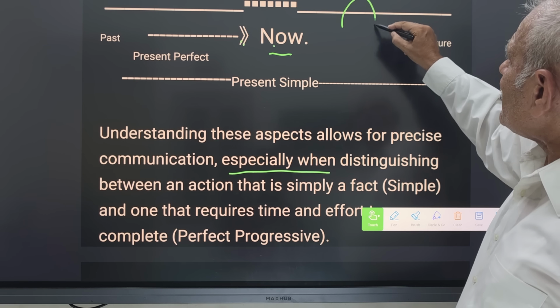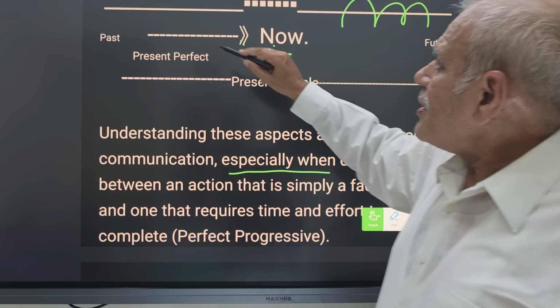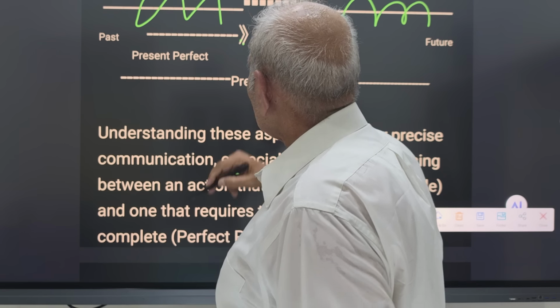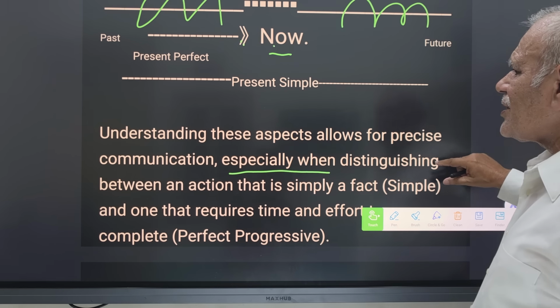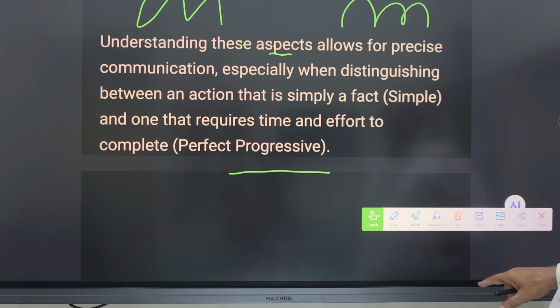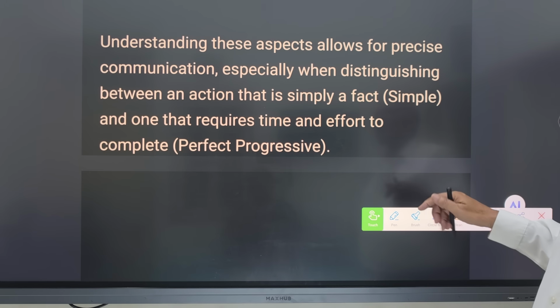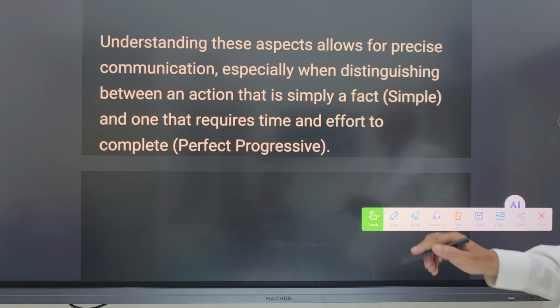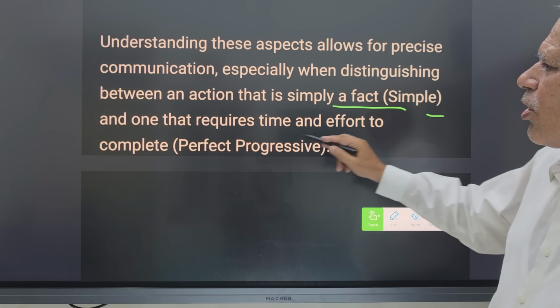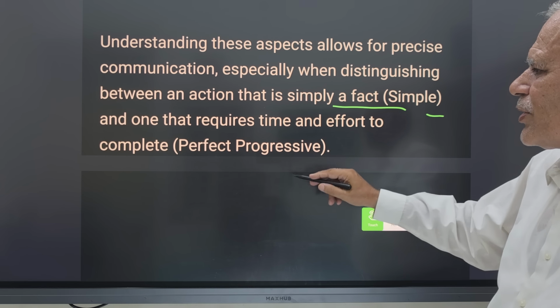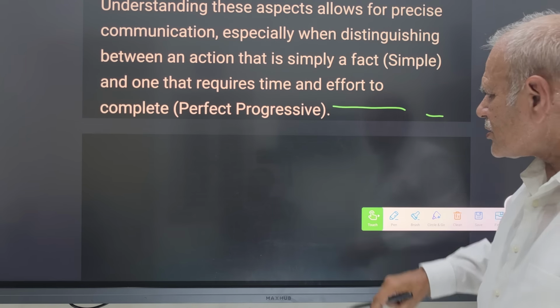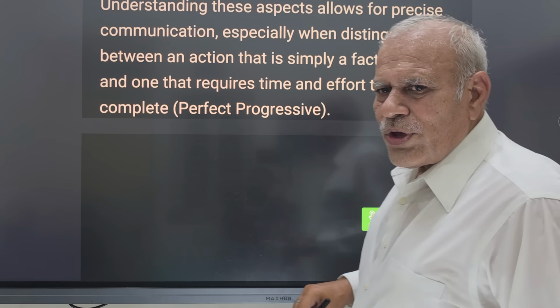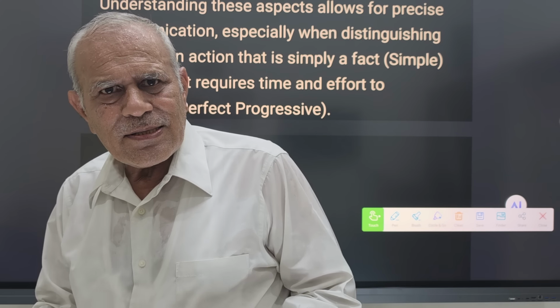If future events are happening, they are here. If past events are happening, they are here. See, understanding these aspects allows for precise communication, especially when distinguishing between an action that is simply a fact, simple, or one that requires time and effort to complete, perfect progressive. So with this, we have finished all the tenses.